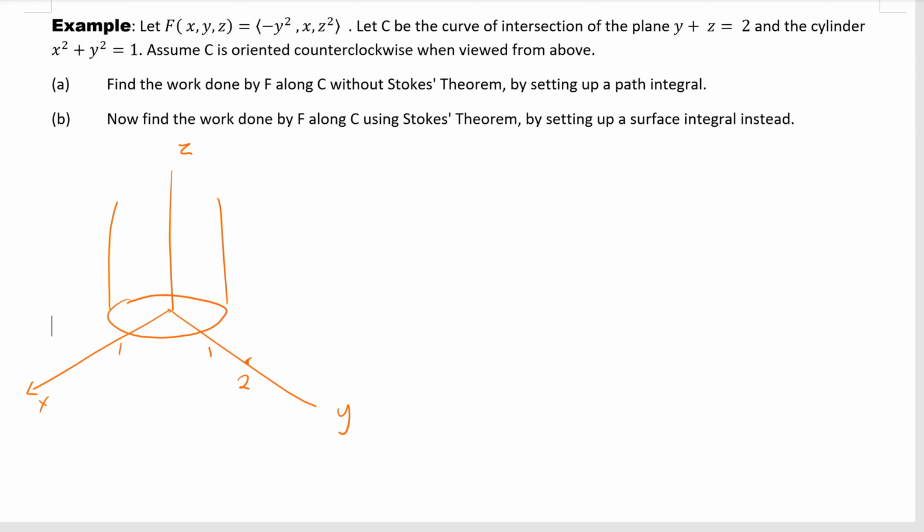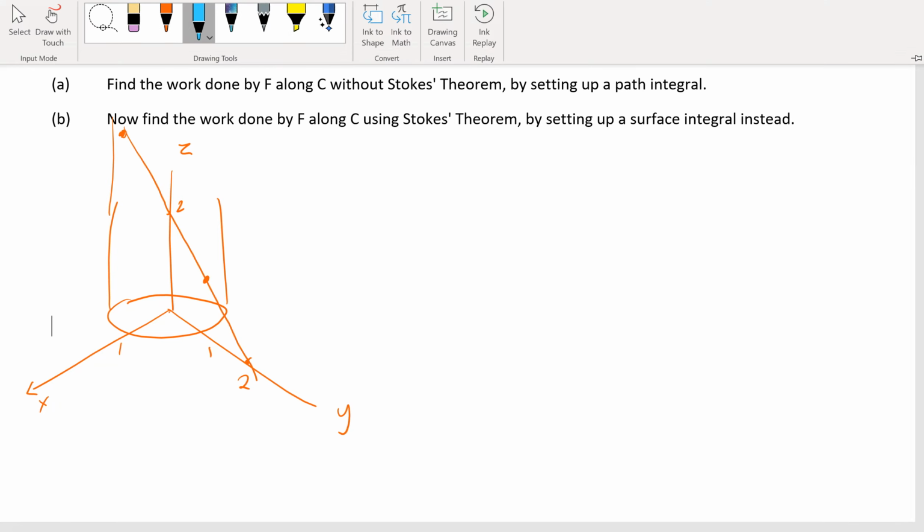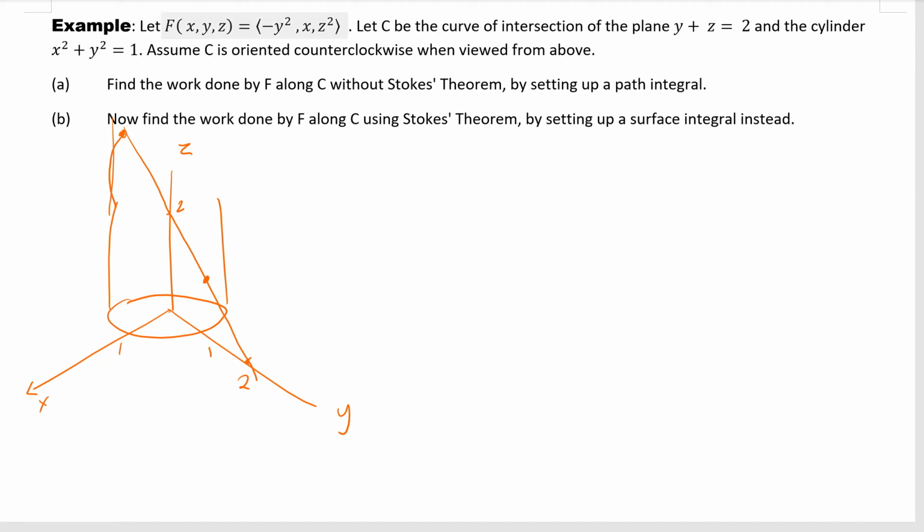When x is 0, we get z equals 2. So this is a plane like that, and it intersects the cylinder at this point, and let's say at this point. All right. Let me draw some picture here. So, oops.